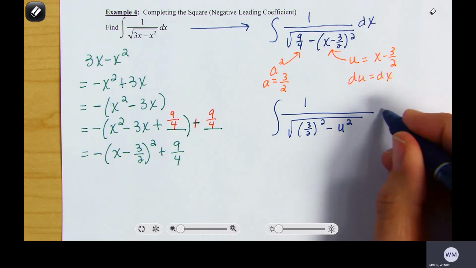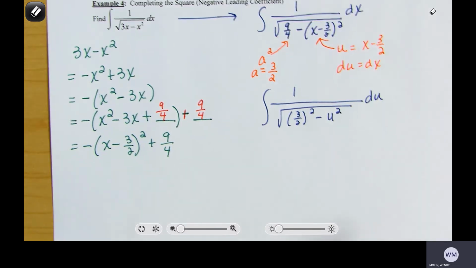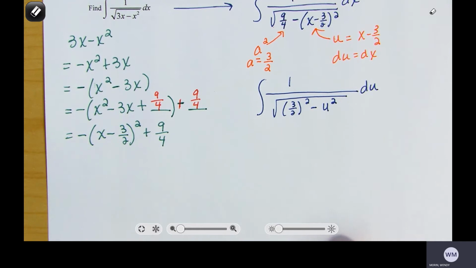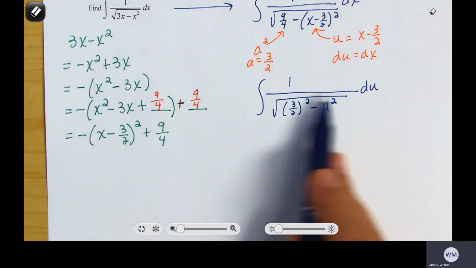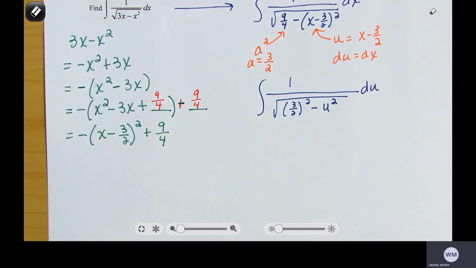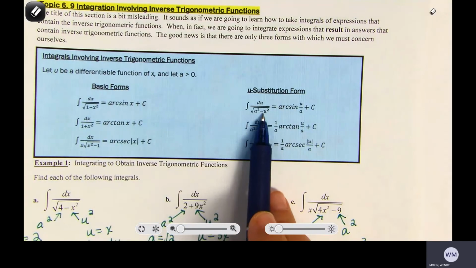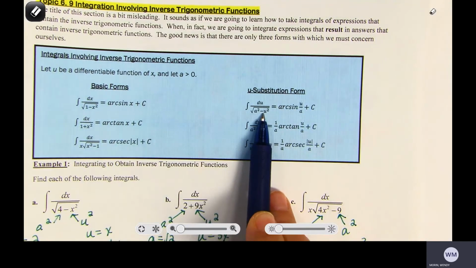Just so happens to be just du. All right. So now do you recognize that? The square root of a squared minus u squared. Which trig function is that when you integrate? It's back on your paper. It's right here, arc sine.